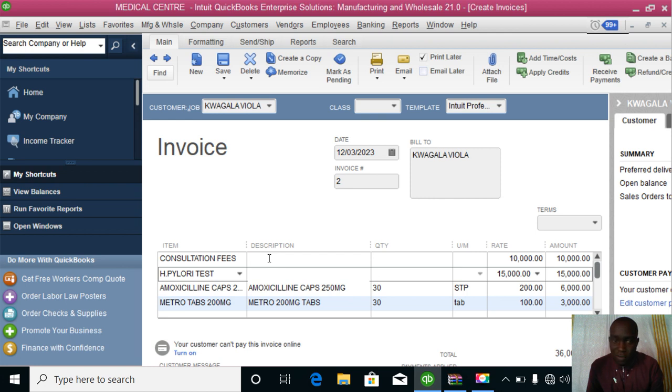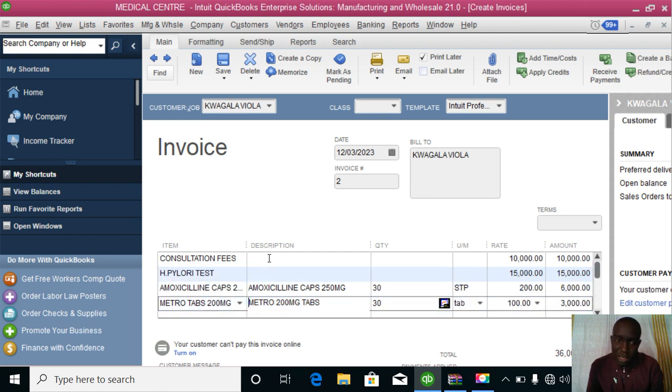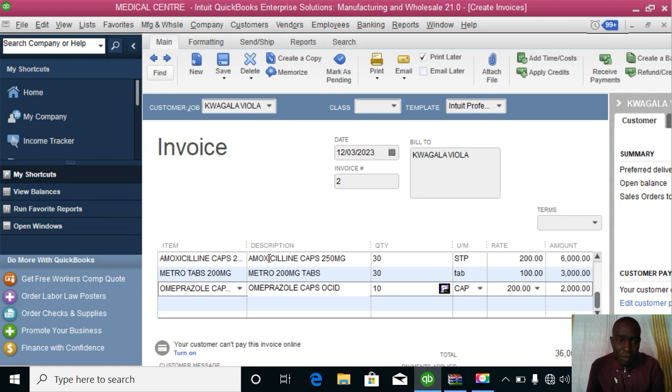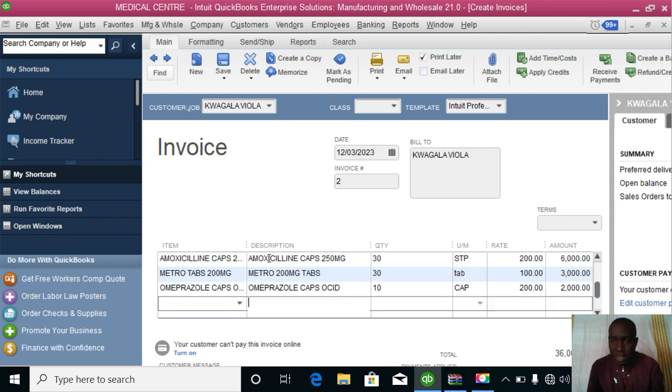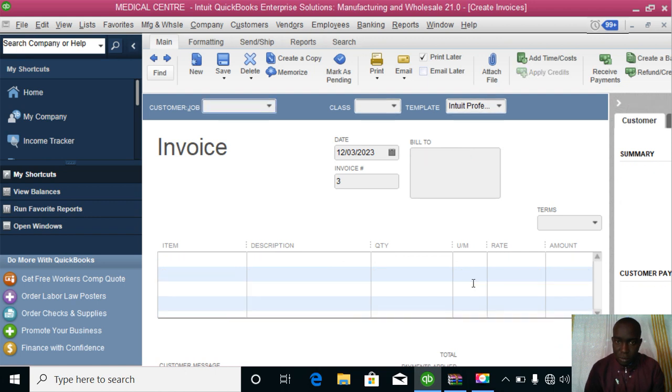H. pylori test 15, amoxicillin 30 capsules are 6,000, metronidazole 30 tablets are 3,000, and omeprazole 10 capsules go for 2,000. Then after that we save. It's done. So that one client has saved.